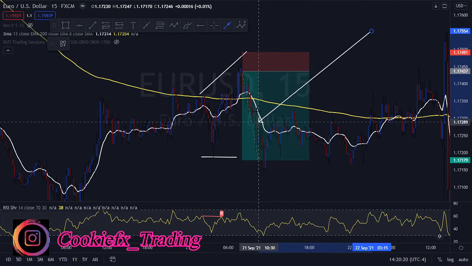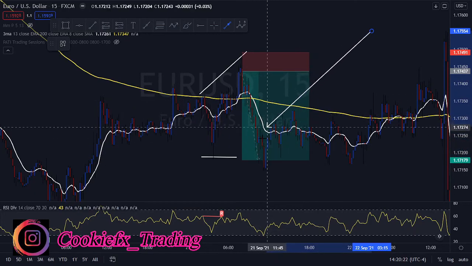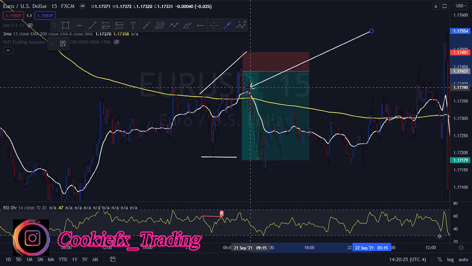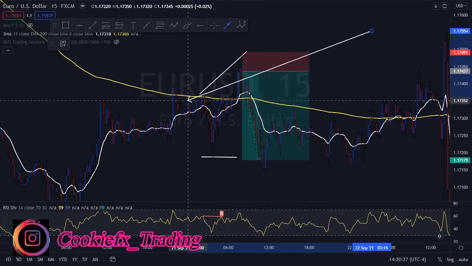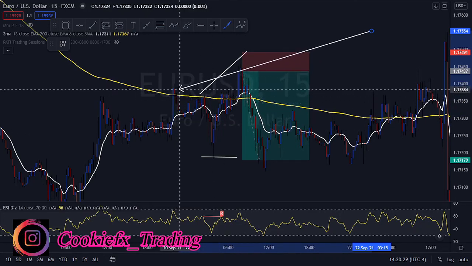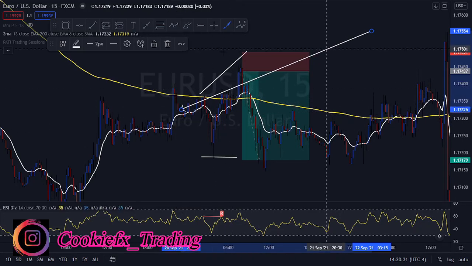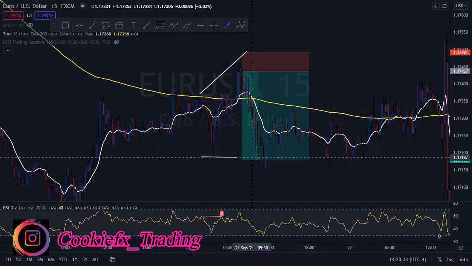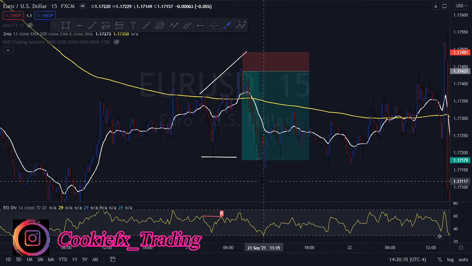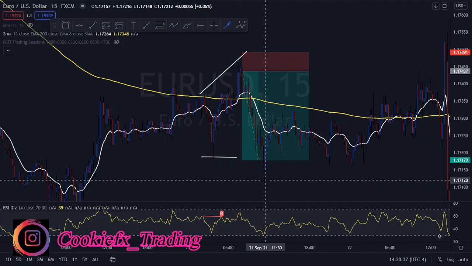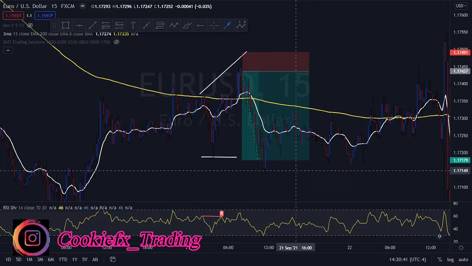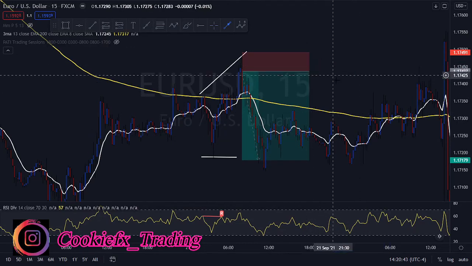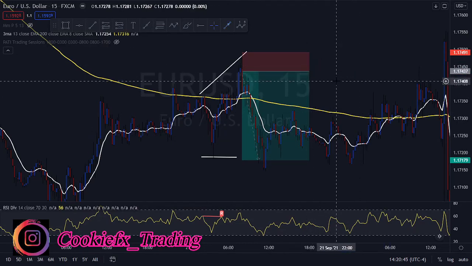The selling power, yeah, it hits your TP and you got a good risk to reward, but the selling power is not that strong as, let's say, these candles where there's no pullback. You could tell that the sharks are in there. But this is all retail trading right here. This is just us trying to sell because it's indicating that it wants to go for a sell. So that's pretty much divergence.